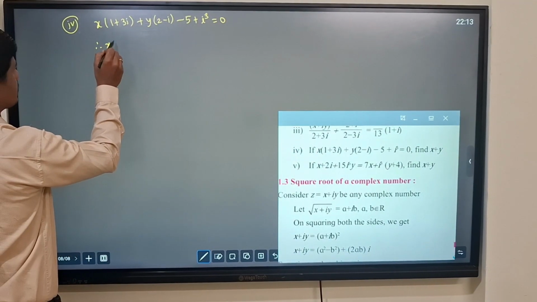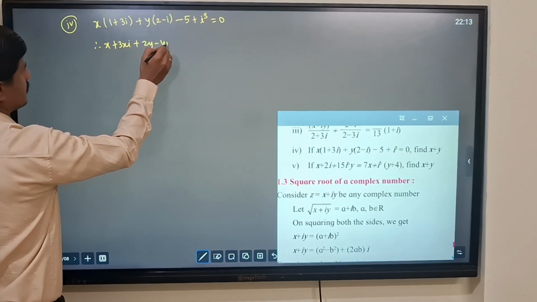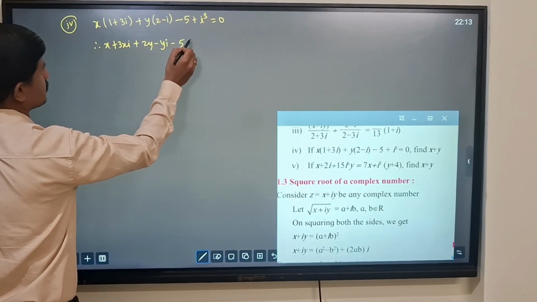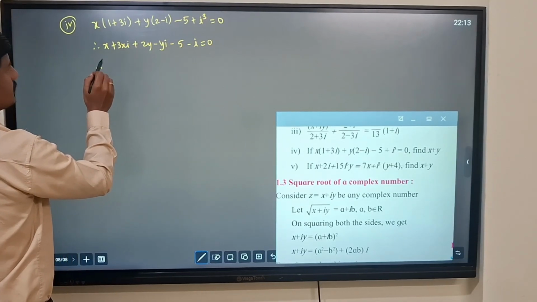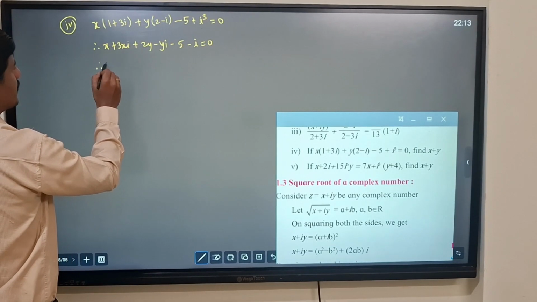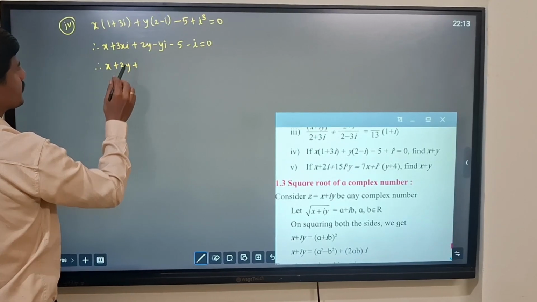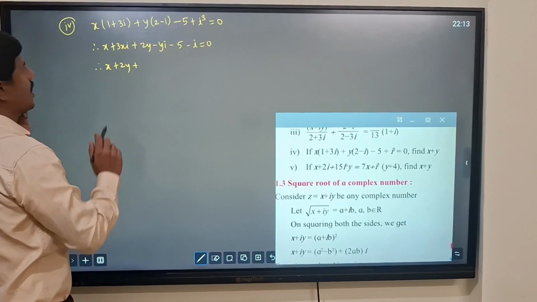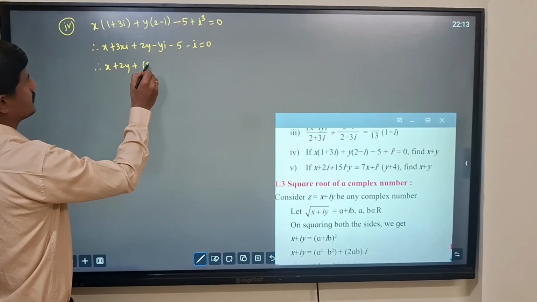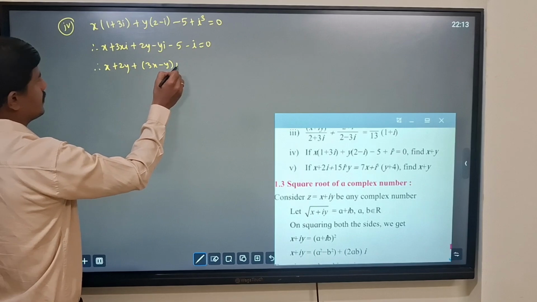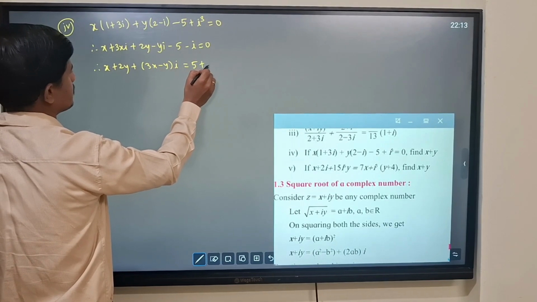Therefore, x plus 3xi plus 2y minus yi minus 5 plus i cube is minus i equal to 0. Therefore, this becomes x plus 2y plus i, okay, here I will take i common, 3x minus y i, remaining terms go to the other side, this becomes 5 plus i.